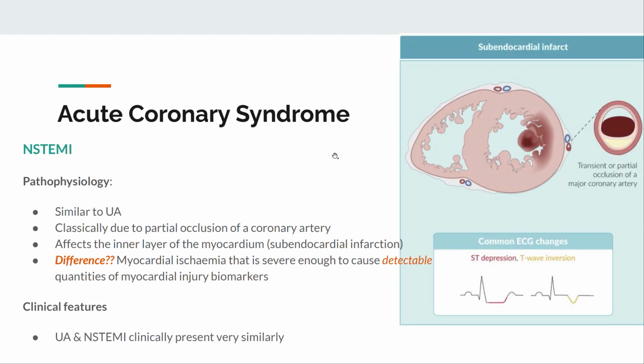NSTEMI is partial occlusion, compared to total occlusion in a STEMI, and it only affects the subendocardial myocardium, whereas a STEMI is a transmural infarction. That's not totally true. There's a lot of debate about what an NSTEMI really is, but that's enough of an understanding at our level. And the difference between this and unstable angina is that NSTEMI will have NSTEMI features on the ECG.